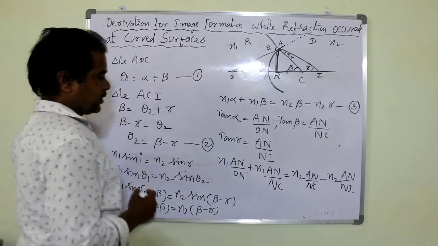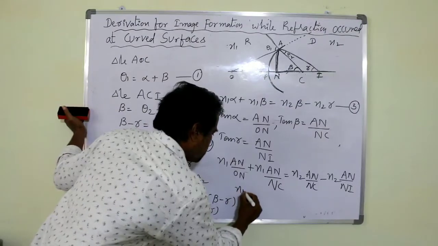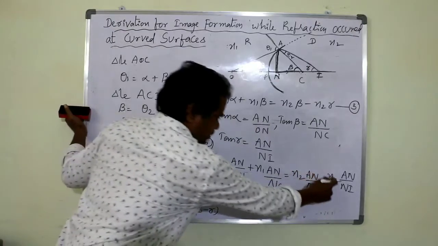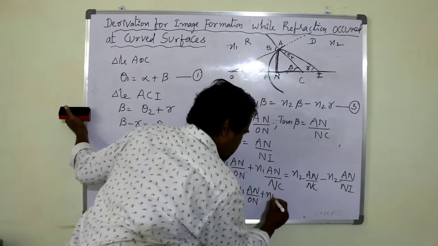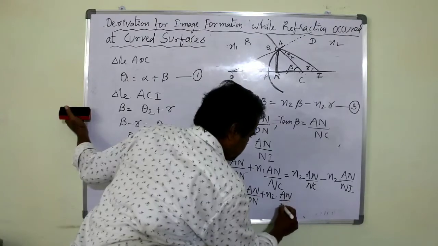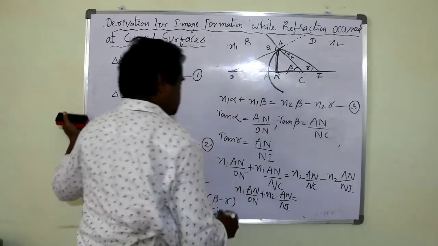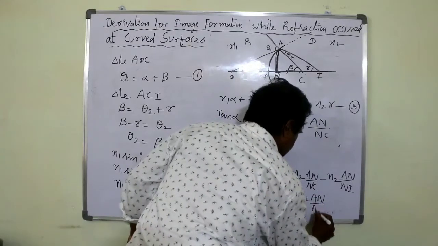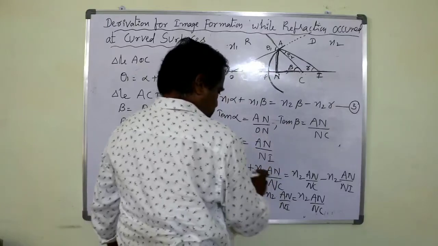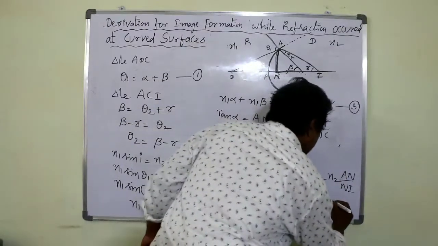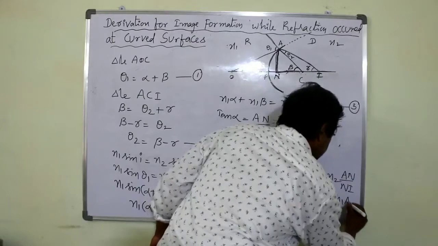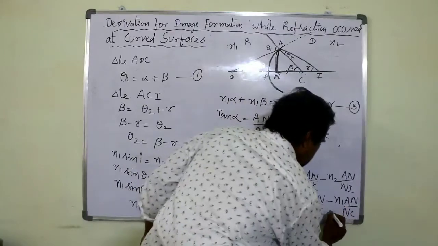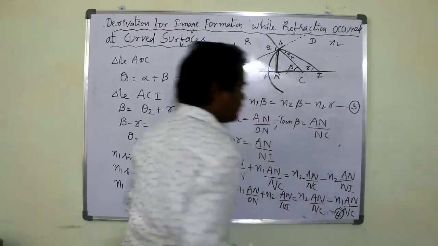So n1 into AN by ON plus n2 into AN by NI is equal to n2 into AN by NC. If n1 moves to the other side of the equality, it becomes a subtraction: n1 into AN by NC. This is treated as equation 4.